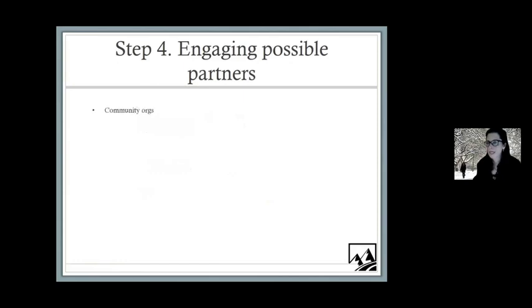So potential partners or stakeholders to engage with would be community organizations. In our case, in the state of Montana, and a lot of states around the region, that would include state, tribal, county, and local governments, and educational institutions that can help support us.